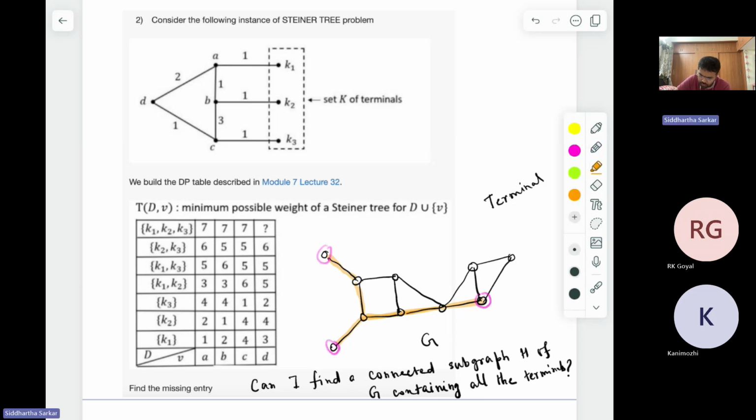So how about this? I am drawing some green edges.